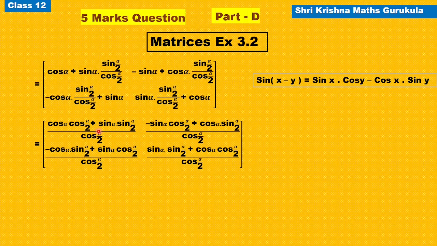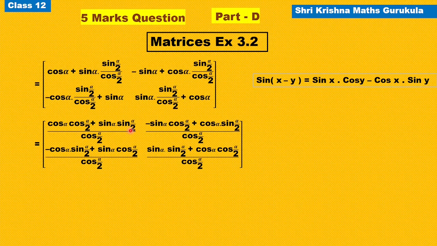You just have to be cautious about that only here. Otherwise, the simplification remains the same. If it is confusing to you, just take cos alpha as A, cos alpha by 2 as B, then sin alpha as C, sin alpha by 2 as D. Then simplify. It would be easy if it is confusing. But it shouldn't be confusing at this stage of your second PU.